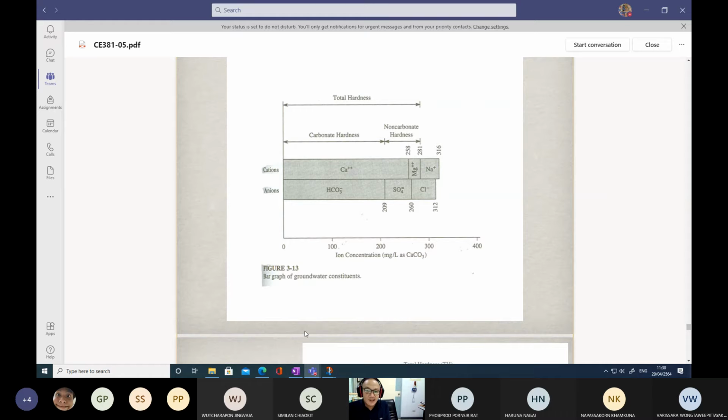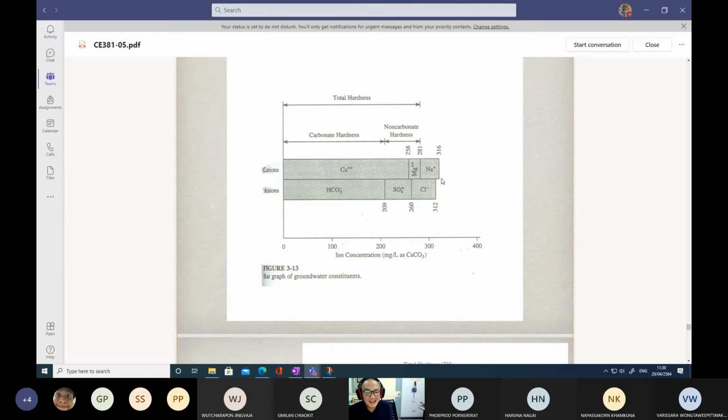Remember that the total hardness is equal to the carbonate hardness plus the non-carbonate hardness, excluding the sodium ion. Sodium ion is actually nothing in this case. And the ions could be bicarbonate, sulfates and chloride. In this case, bicarbonate concentration is less than the total hardness.